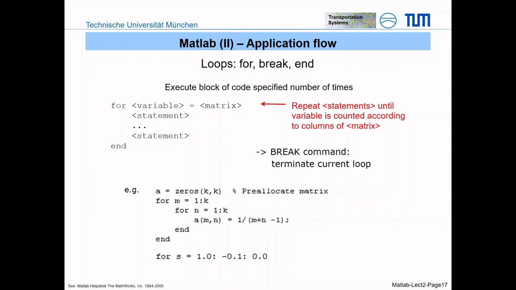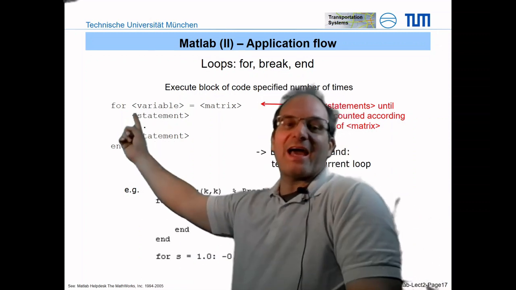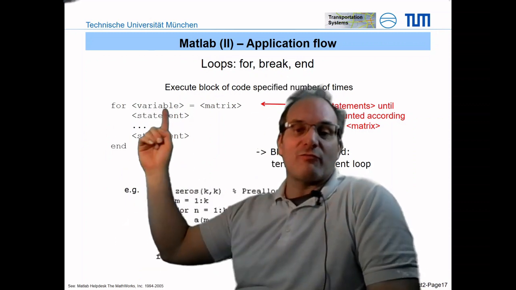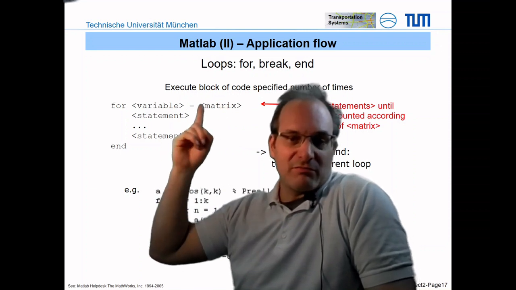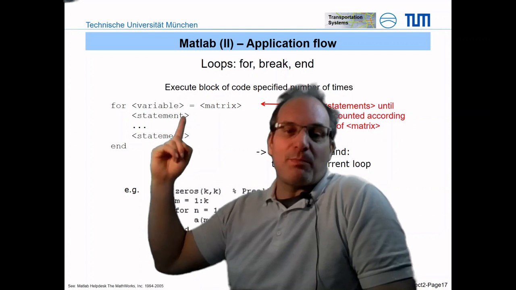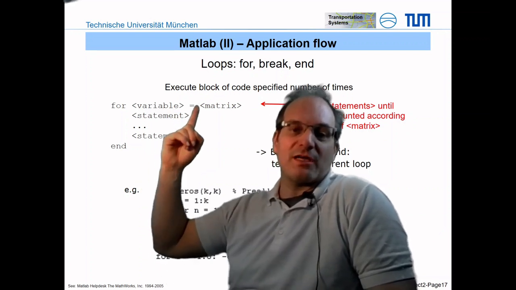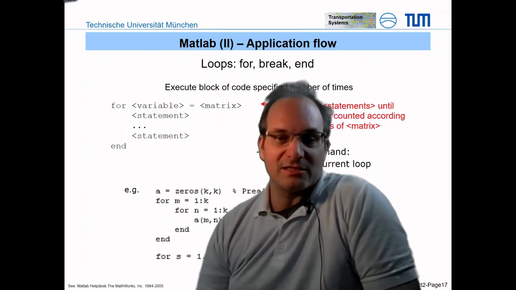Let's start with the for loop. The for loop looks like this. So you have a reserved word for, then you have a variable equal a matrix, a vector in this case, and then these block commands, so everything what is inside this block is operated according to the counting here in this vector.